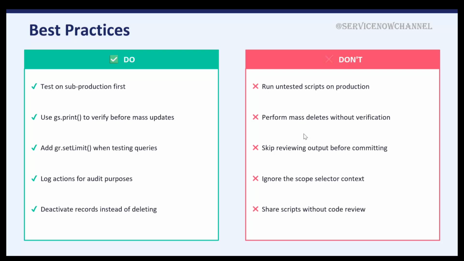Okay, so next, best practices: what you need to do and what not to do. So first, we will check the do's. Okay, so first, before going to production, just make testings in your lower, non-production instance. Every time, get confirmation whether your script is updated.